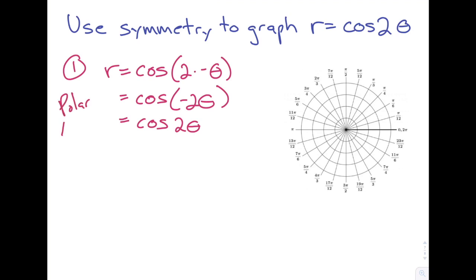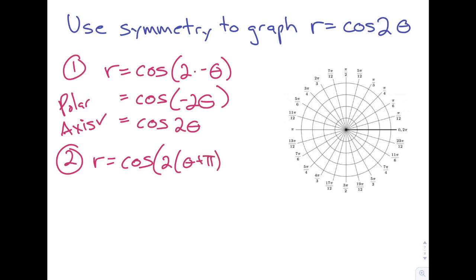Now let's replace theta by theta plus pi for the second part. So r equals cosine of 2 times theta plus pi.